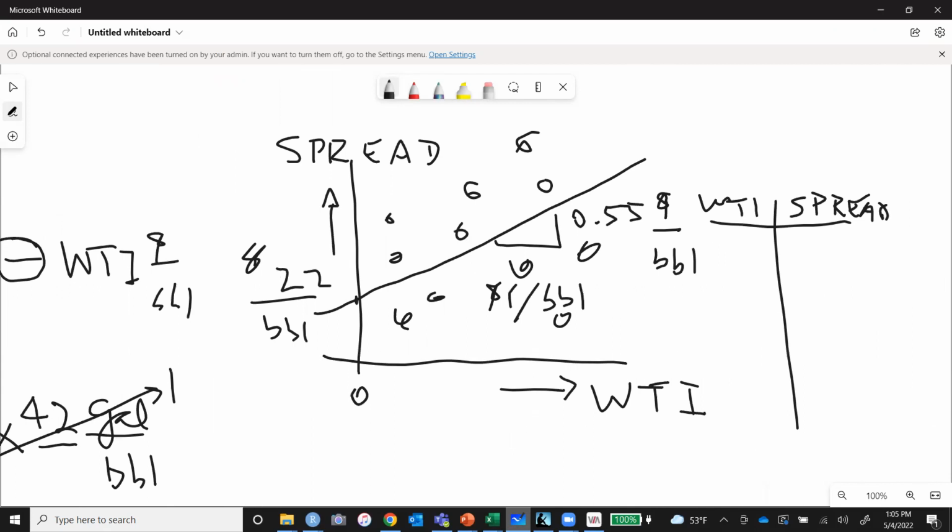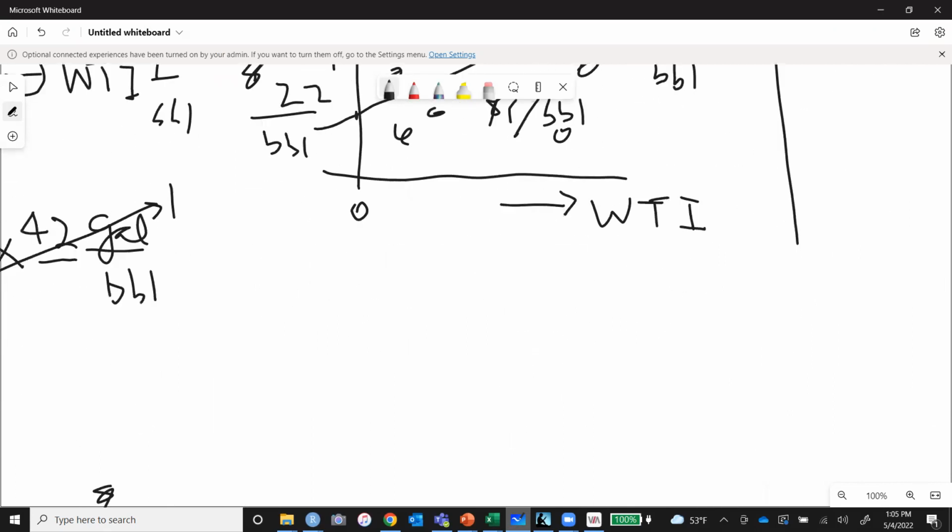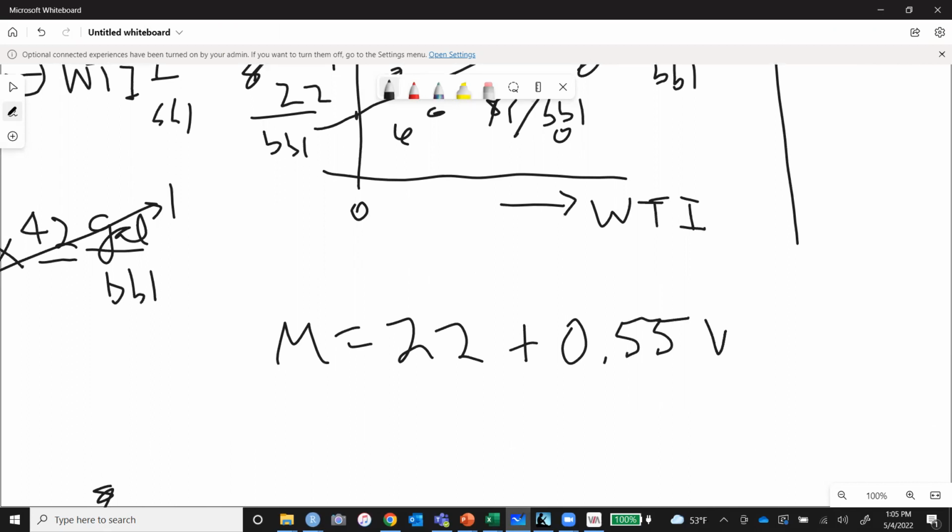Okay, we have WTI, we have spread, we have these numbers, and our model is this. Now, what is sigma? And that's what we would have to compute.